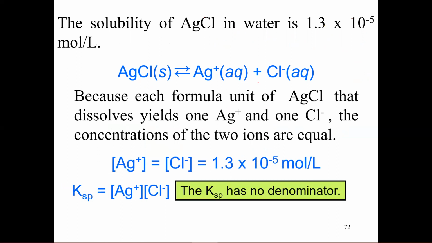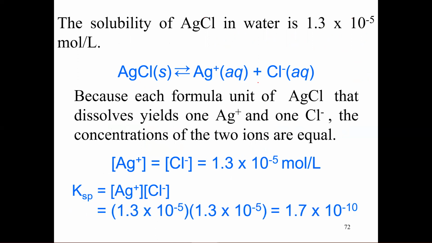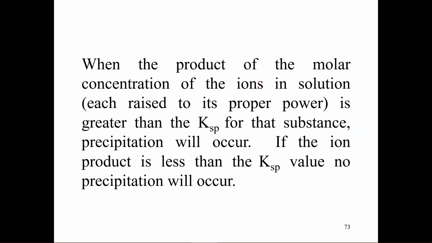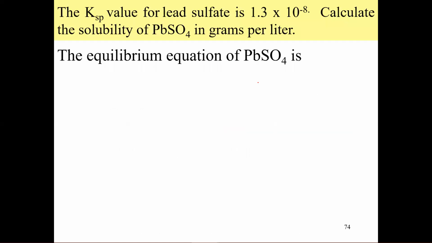Then the Ksp has no denominator under those conditions. When the product of the molar concentrations of ions in a solution is greater than Ksp for that substance, precipitation will occur. Given the Ksp value for lead sulfate, calculate the solubility of that in grams per liter.